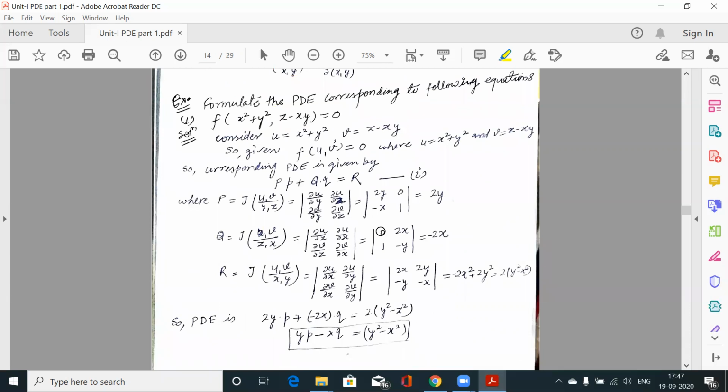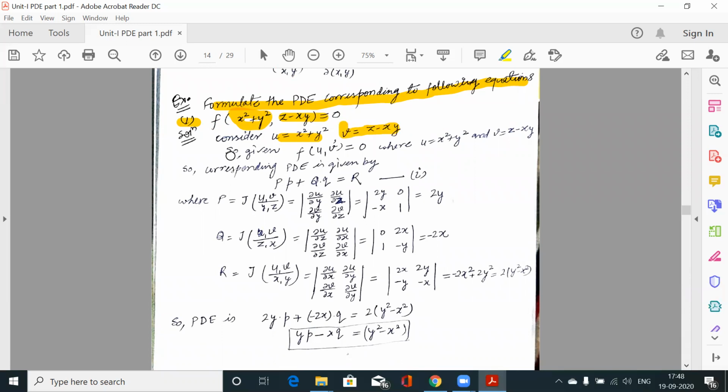So by going through this example, you will know what that concept 3 is. Formulate the PDE corresponding to the following equations. The first question is: function of x square plus y square, z minus xy is equal to 0. Any component we can take as u. Suppose this first component x square plus y square, we are keeping as u, and second, z minus xy, we are fixing as v.